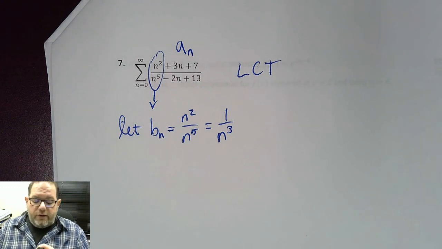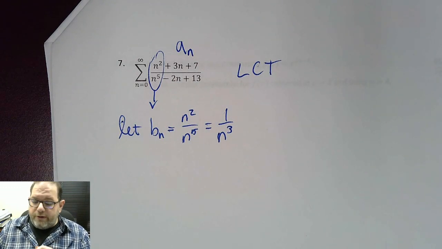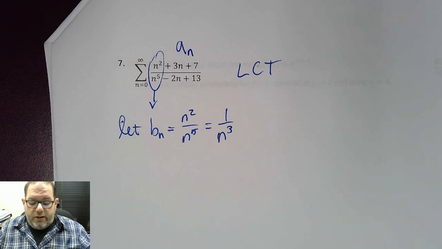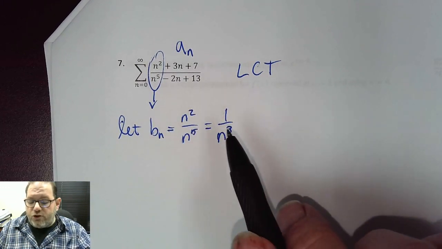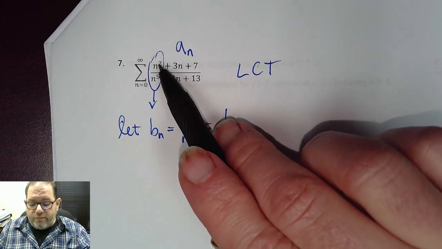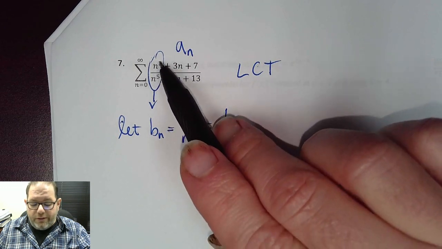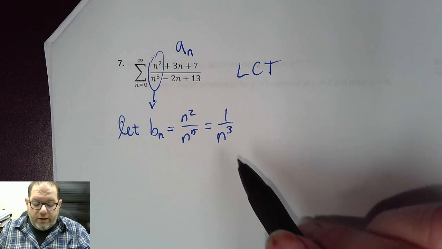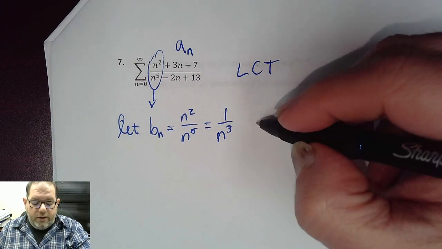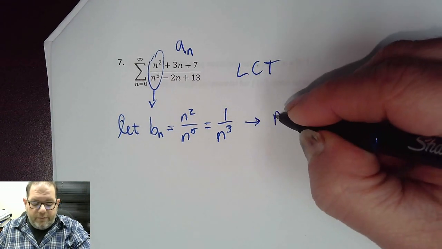Okay. Now, this is our original series a sub n, and then b sub n is our comparison series. And we choose b sub n carefully so that it's similar in format to a sub n, but it cuts out all the extra stuff that we don't need. So we eliminate these additional terms that do not have as much of a bearing on the outcome and just focus on the lead terms. And we see that the ratio between those two terms is 1 over n cubed. Now, this specifically is a p-series.